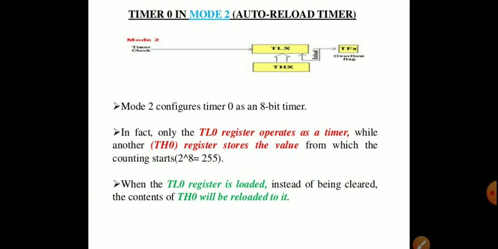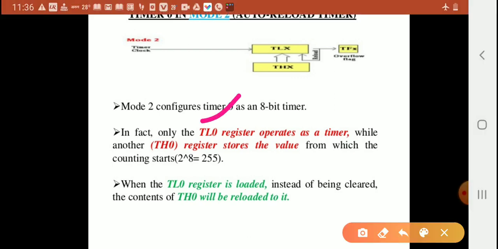Timer 0 in mode 2 is the auto reload timer, with timer clocks and TFX overflow flags, TLX and THX. Mode 2 configures timer 0 as an 8-bit timer. Only the TL0 register operates as a timer, while the TH0 register stores the value from which the counting starts, 2 to the power 8, which is 255.